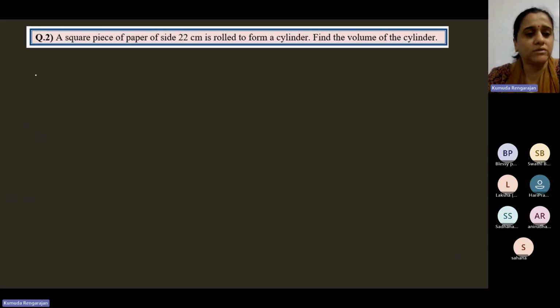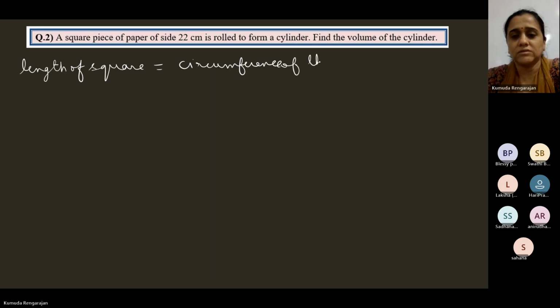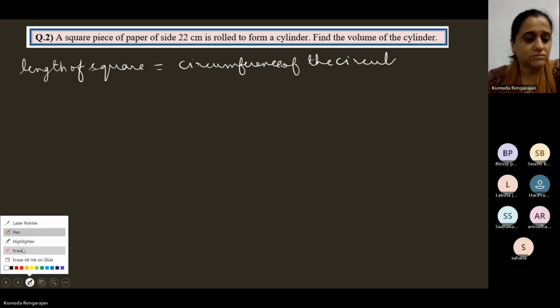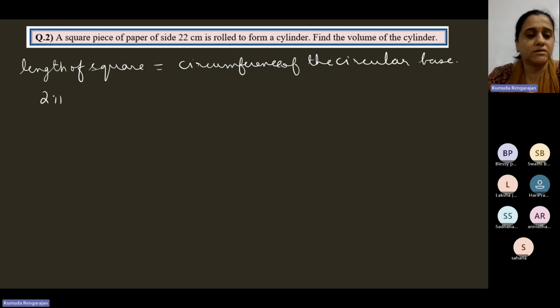Length of the square is equal to circumference of the circular base. So that means 2 pi r is equal to 22.